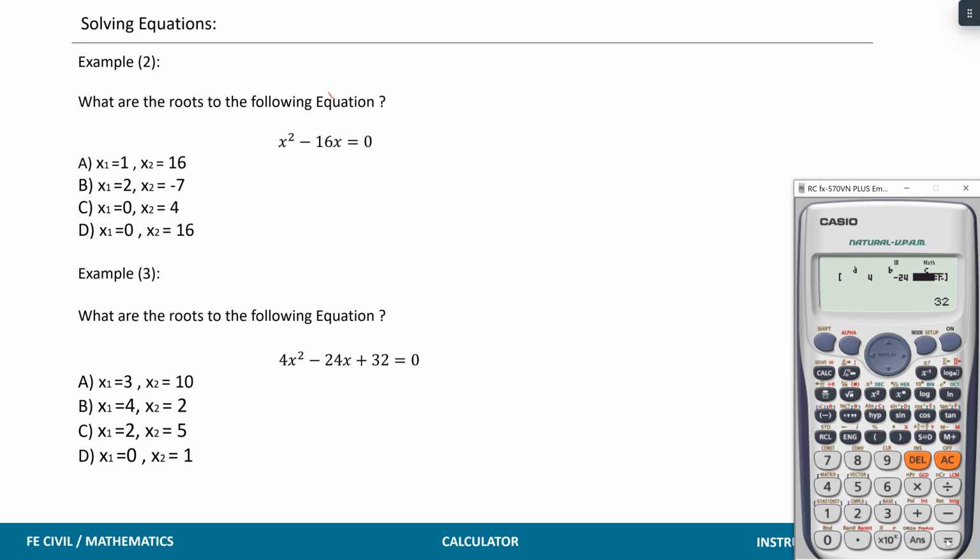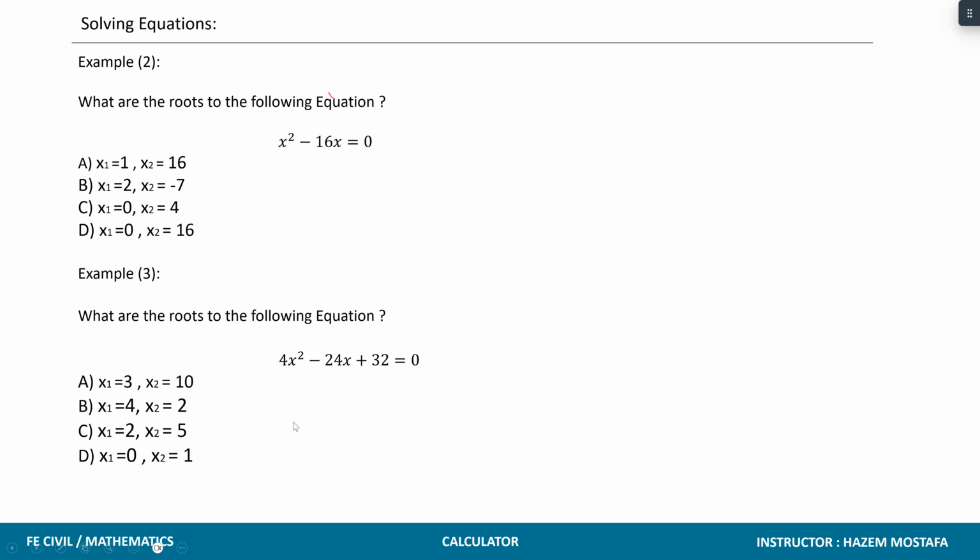Equals, and then we're going to press equal again. So x1 is equal to 4 and x2 is equal to 2, which is solution number B.